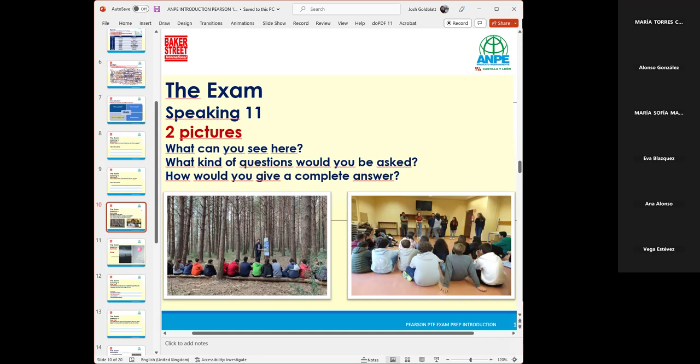Mm-hmm. But can you see any advantages in the second one? The advantage is that they maybe develop more social skills, because they are speaking in front of all the classmates. But also for some students it could be good, but for others it would be bad, because if they are really shy and they don't like to speak in public, they prefer to stay in silence, and this will be difficult for them.